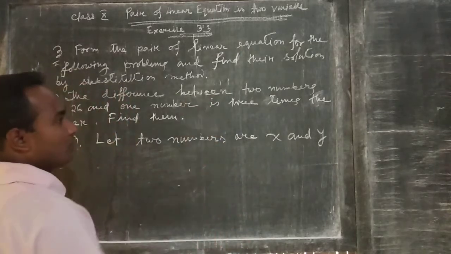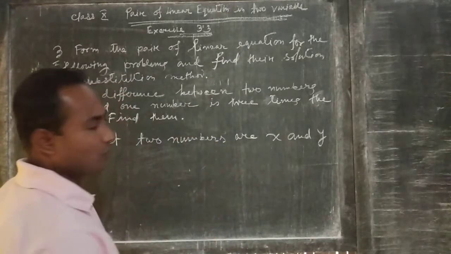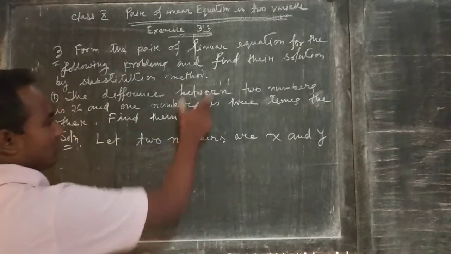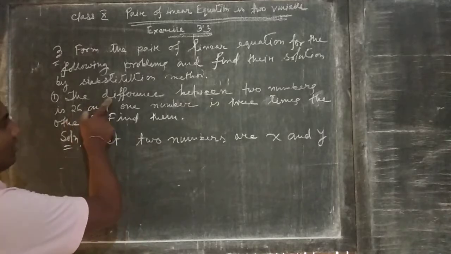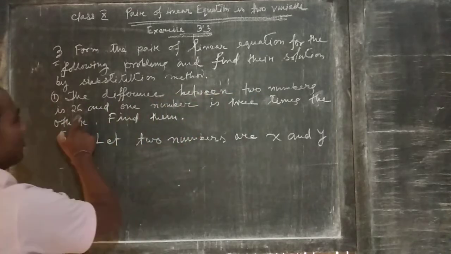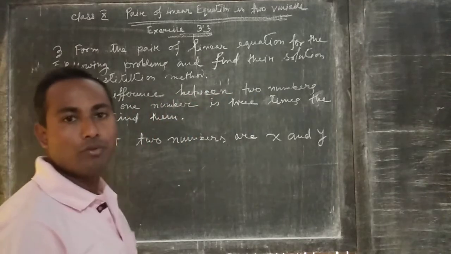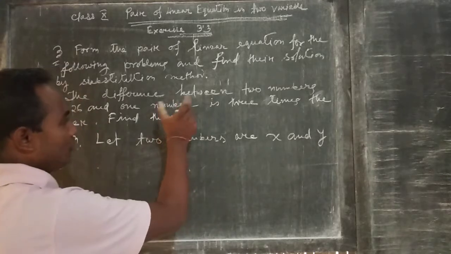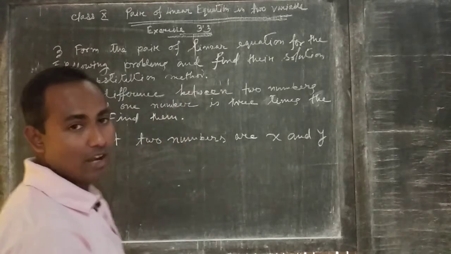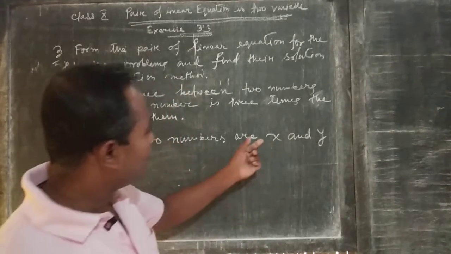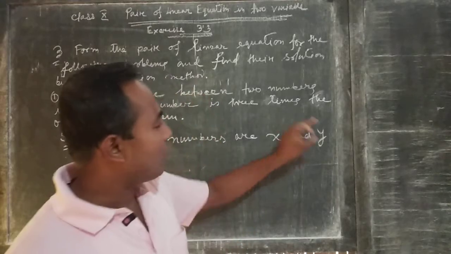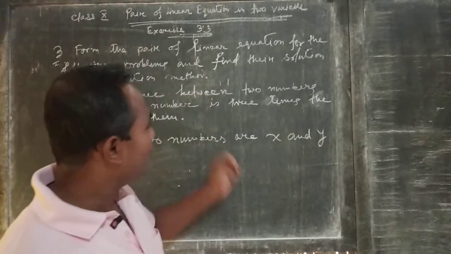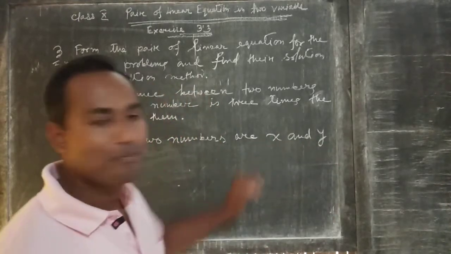Then what is the first condition given? According to the first condition, the difference between two numbers is 26, so we have to subtract. That means between these two numbers, one should be larger and one should be smaller. Let us consider x is the larger number and y is the smaller number. Then we have to subtract the small number from the larger number.